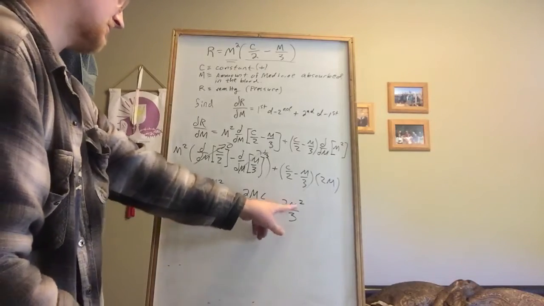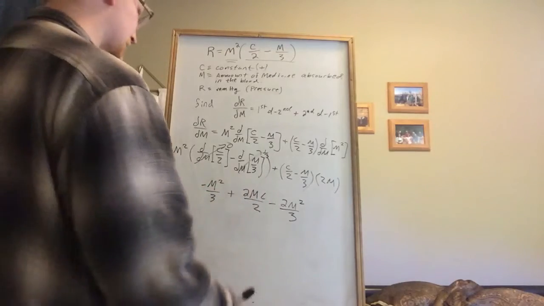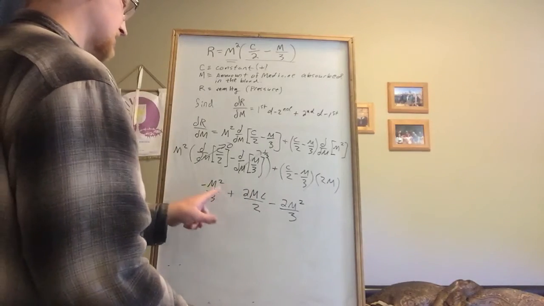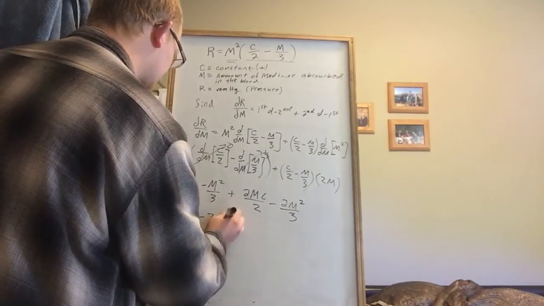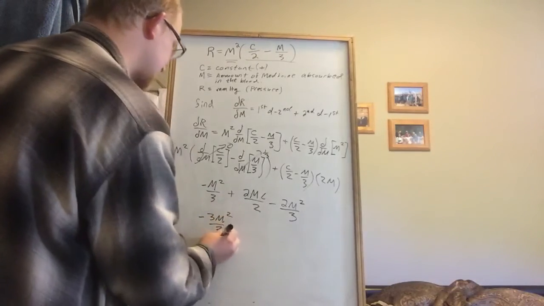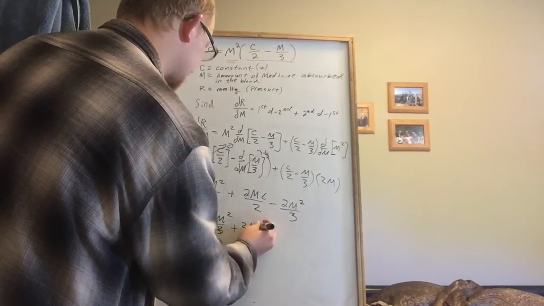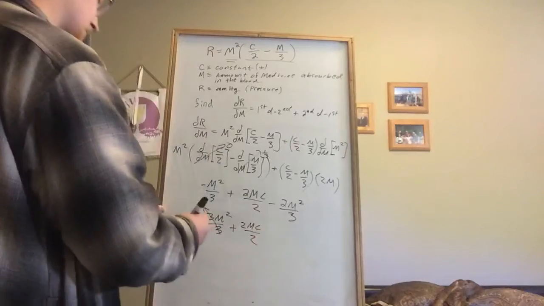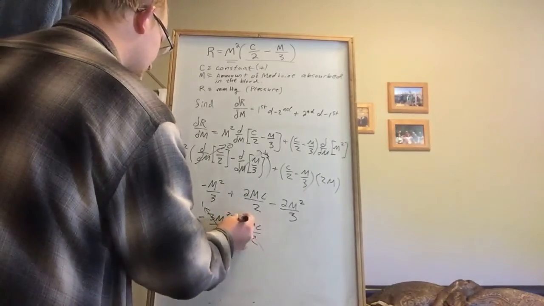We can combine the 2m squared over 3 and the m squared over 3. They're both negative, so what that leaves us with is negative 3m squared over 3, so that the 3's cancel to 1, plus 2mc over 2. And the 2's are going to cancel to 1.